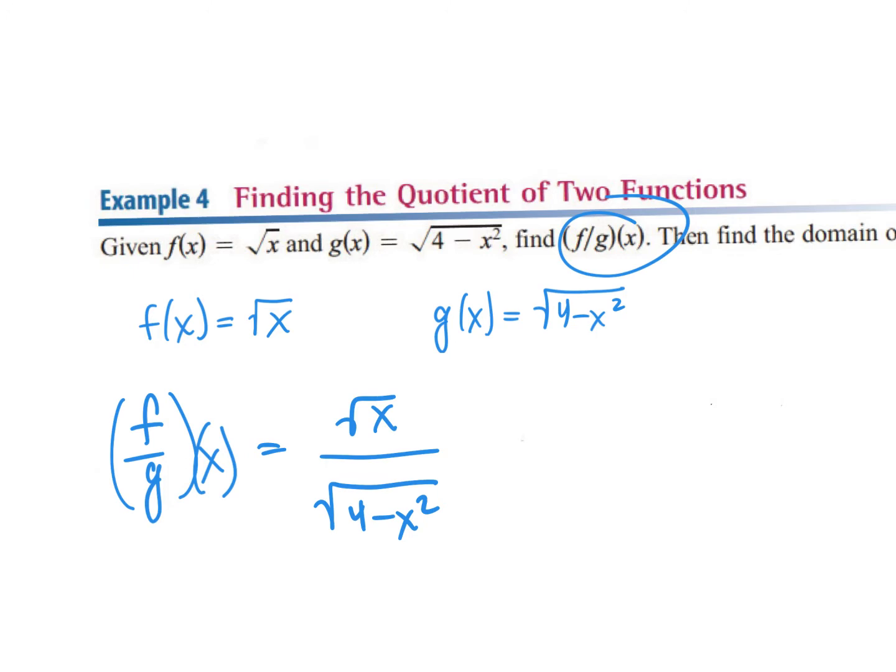You can only simplify if it's multiplication and it's something on top and bottom that cancels out. If you have anything that's attached with a minus or a plus sign, like that 4 is stuck with that negative x squared. Did you have a question, Isabel? Okay. So this would be your answer for this problem of dividing these two.